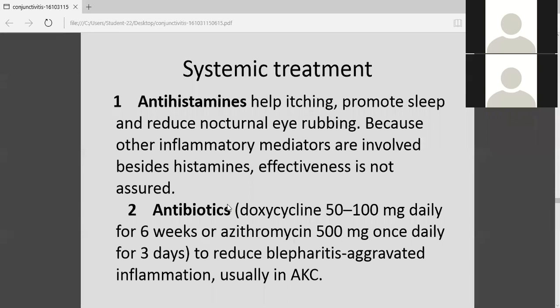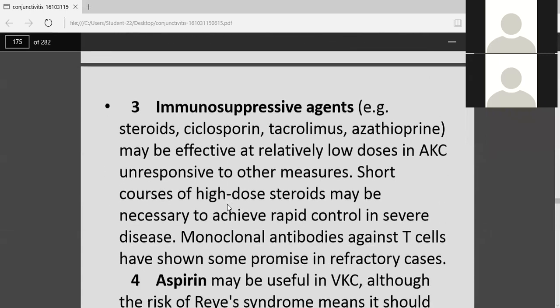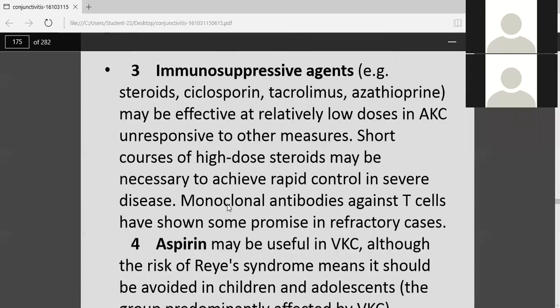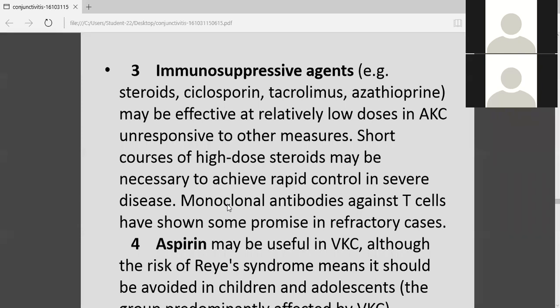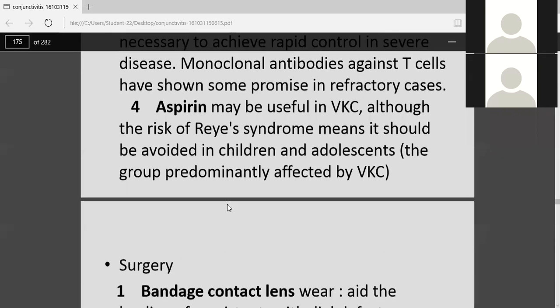Otherwise, systemic antihistamines are very much useful. Similarly, immunosuppressive medications are also useful. Aspirin, basically, this is a blood thinning medicine, but it is also under trial.